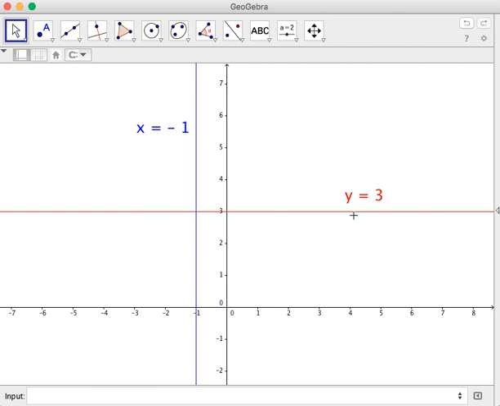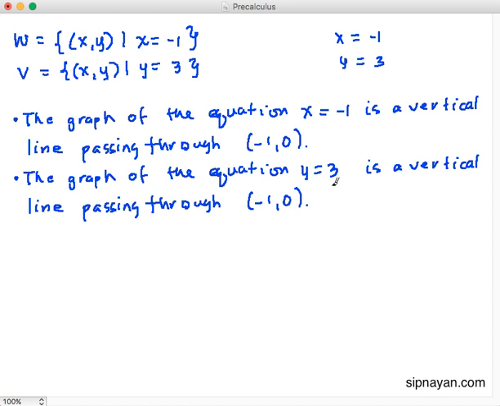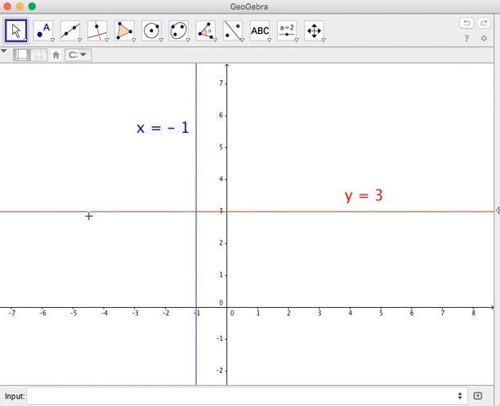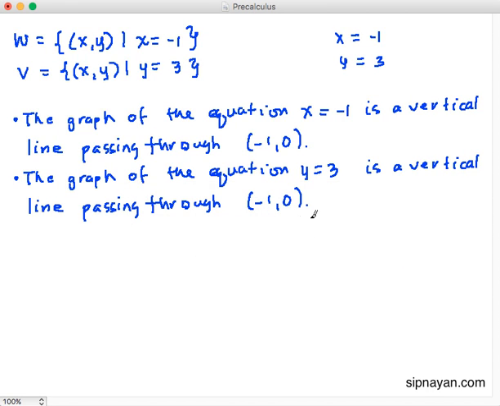This is a horizontal line, y equals 3. It is a horizontal line because all the values of its y are 3, but its x is varying. So this is (3, 3), this is (1, 3), this is (-4, 3). So it is the x that varies. So, is it a vertical or horizontal line? It is a horizontal line.